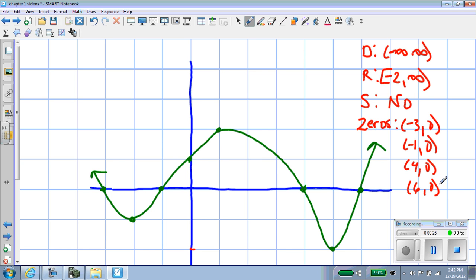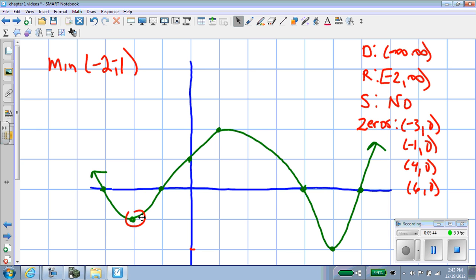We want relative maximums and minimums. So here's my small neighborhood. We have a relative minimum at -2, -1.